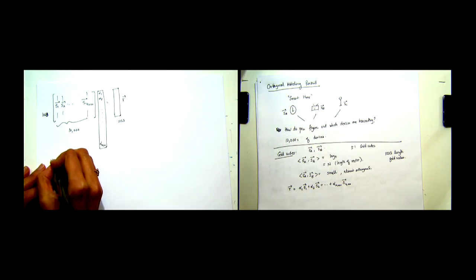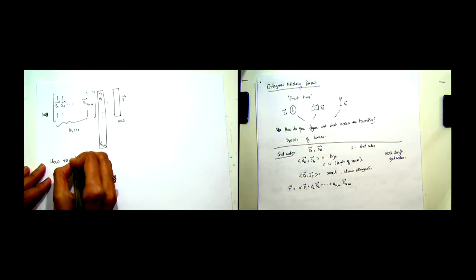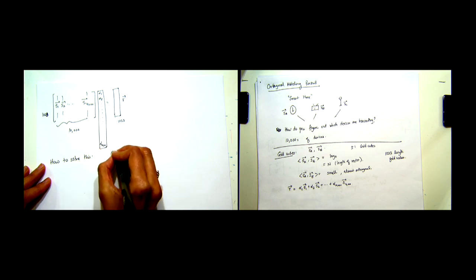So we had to come up with a third new kind of technique. And this technique is called orthogonal matching pursuit. And the fundamental idea behind how to solve this is to be greedy. What does that mean?